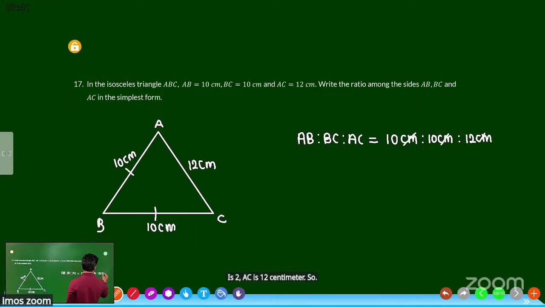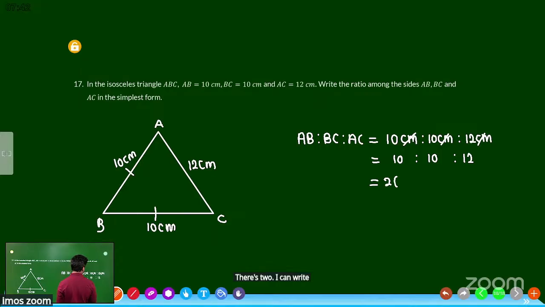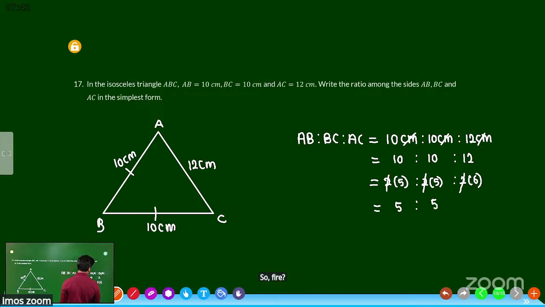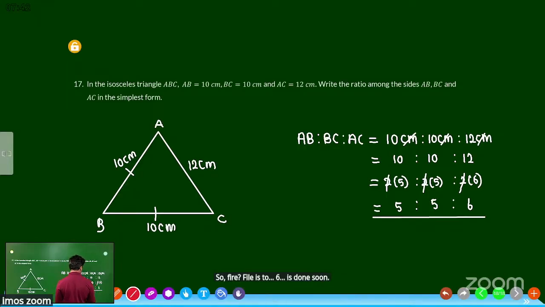So centimeter cancels off, giving 10 is to 10 is to 12. To get the simplest ratio, we look for a common factor that divides all three. Yes, 2. 10 divided by 2 is 5, 10 divided by 2 is 5, and 12 divided by 2 is 6. So 5 is to 5 is to 6 is the answer. That is the simplest form of the ratio.